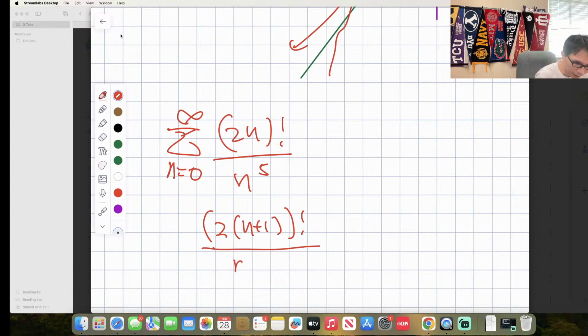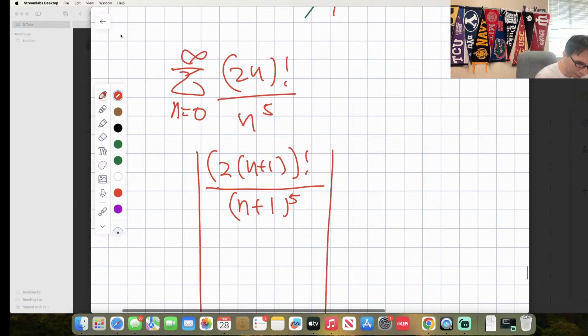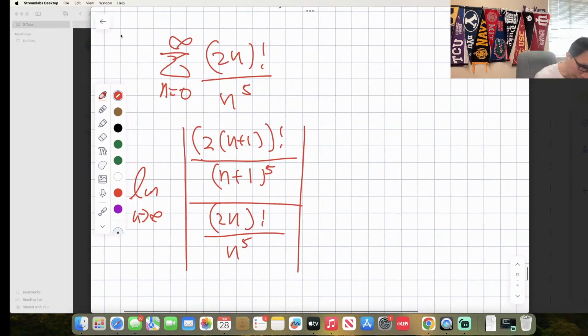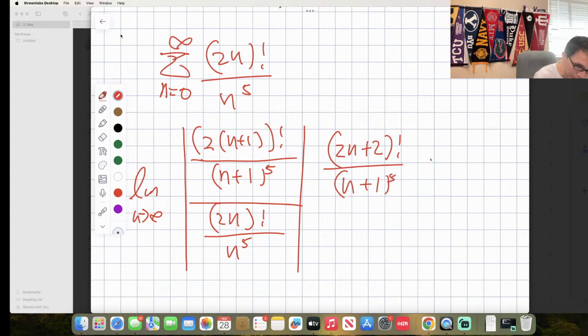Over n plus 1 to the 5th, absolute value of 2n factorial over n to the 5th. Limit as n approaches infinity. So therefore, you will have 2n plus 2 factorial over n plus 1 to the 5th, times n to the 5th over 2n factorial.